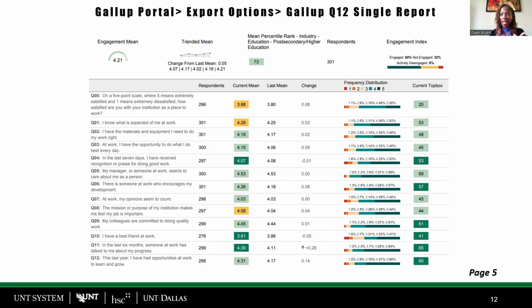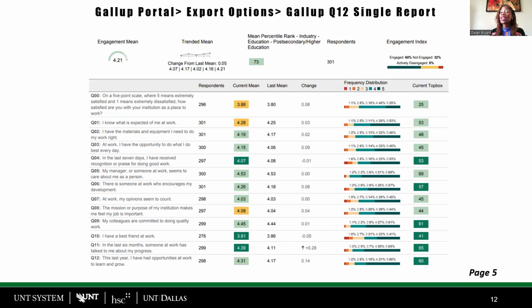So one of the frequently asked questions is, who gets the report? Very good question. So managers with 4 or more direct reports who completed the survey will receive a report. Gallup refers to these team members as respondents. So please note, managers themselves do not count towards the 4 respondent total.